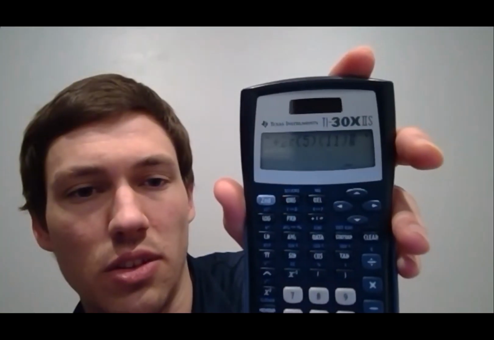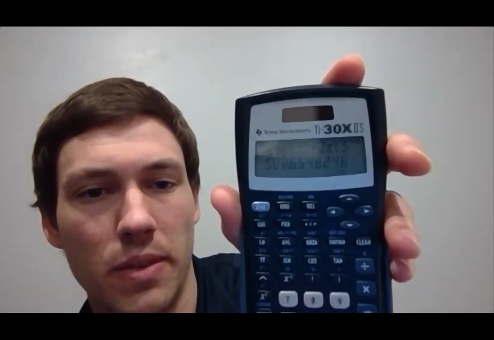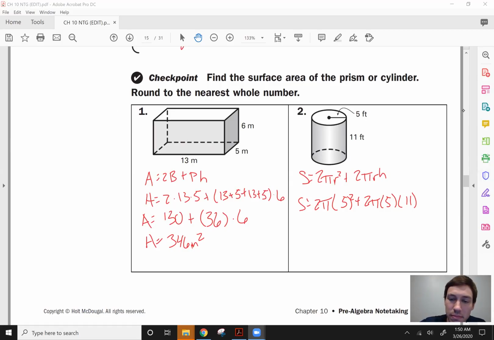Plug that all in like so. And I end up with 500 and, let's round to the nearest whole number, so we're going to call it 503 feet squared.